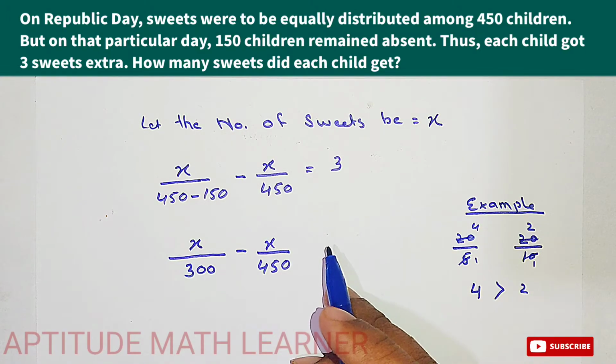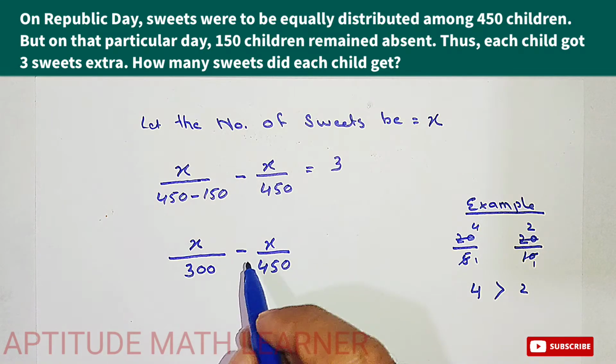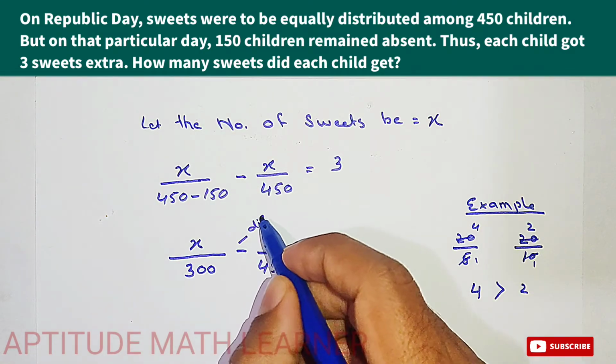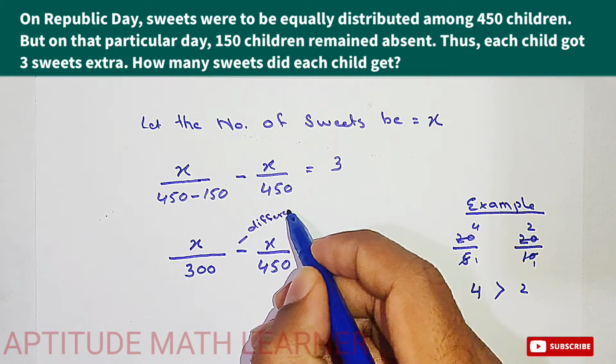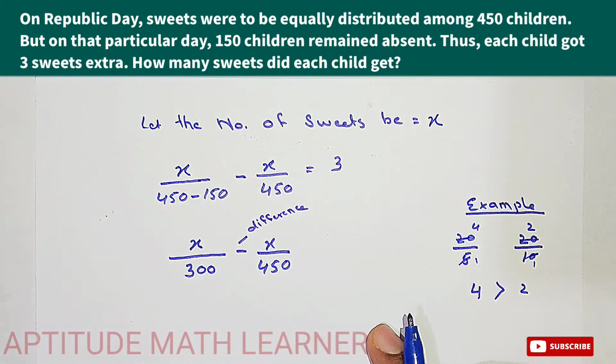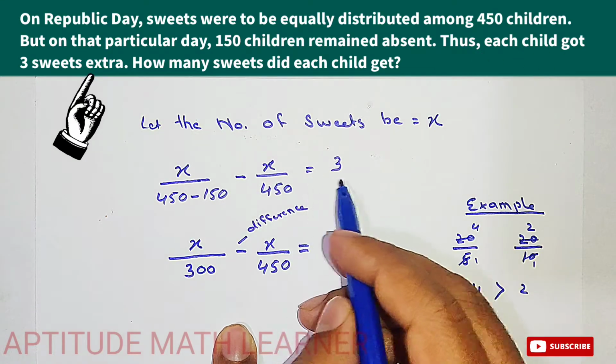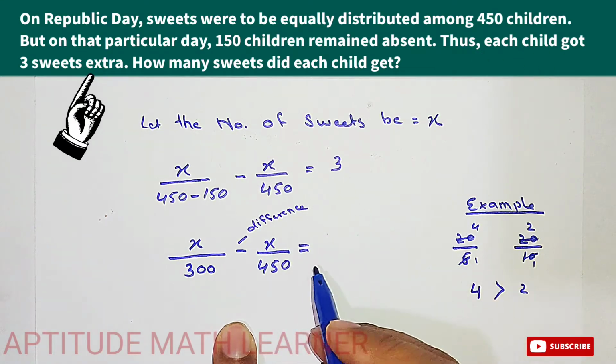So what will be the difference? This is the difference. Now what will the difference be? The difference will be that each child will get 3 sweets extra. So this is the same thing, and this is just for your understanding.